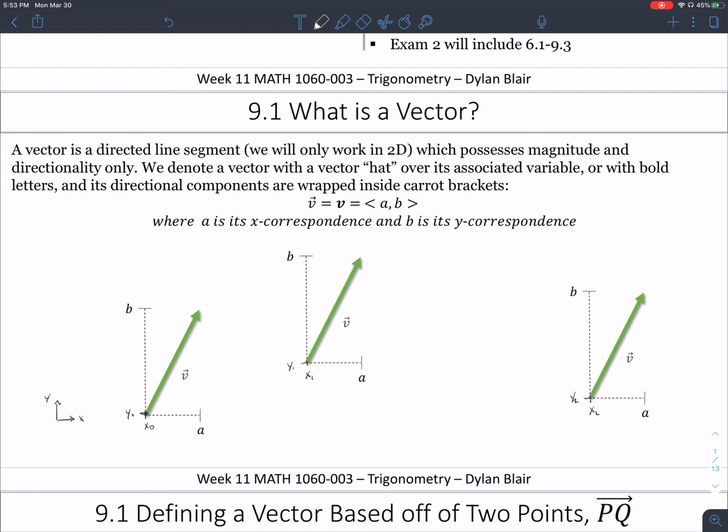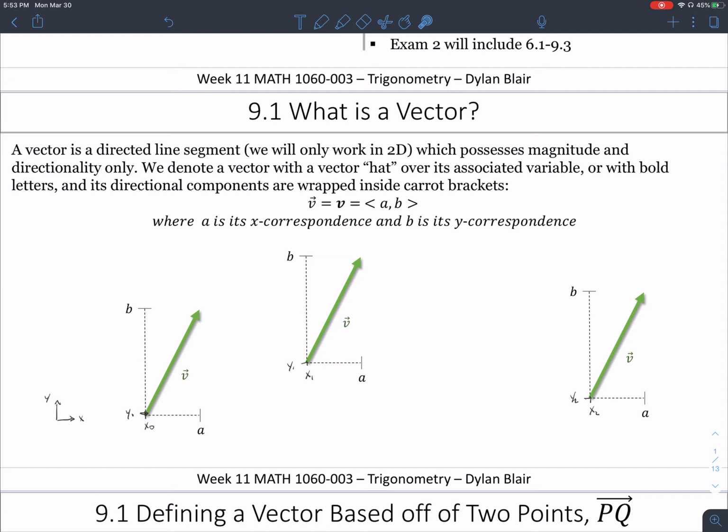Even though they have different locations as to where they start, they're still the same vector because they have the same length and the same direction. They all are pointing to the right by A and up by B.